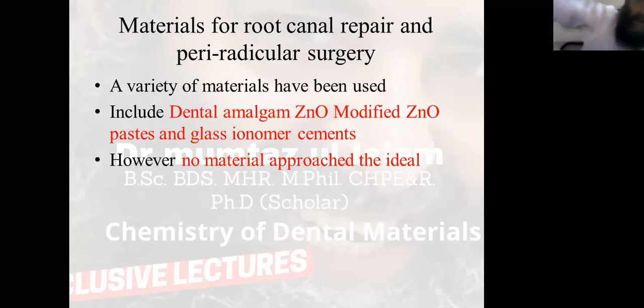Now, materials for root canal repair and periradicular surgery. A variety of materials are there, which include dental amalgam, zinc oxide eugenol, modified zinc oxide eugenol paste, and glass ionomer cements. Keep it in mind, the ideal is not achievable, so no material approaches the ideal.